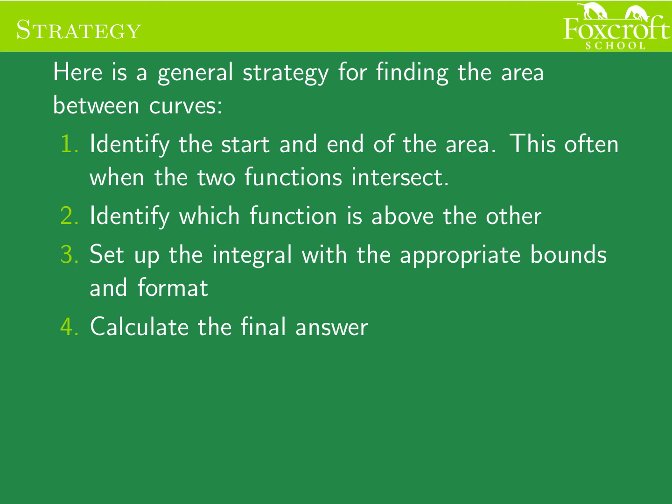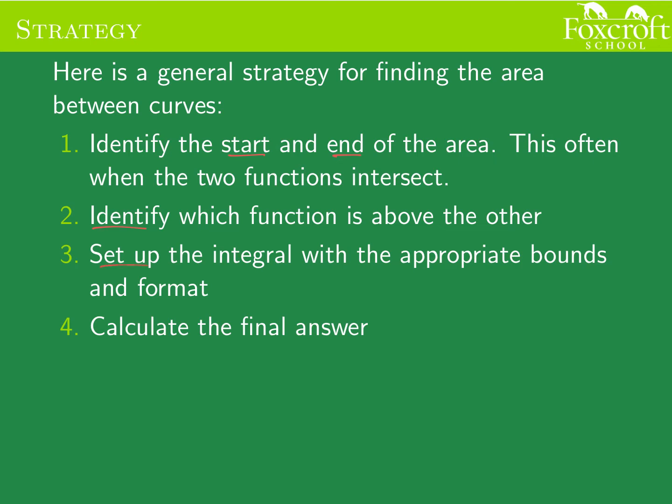Our general strategy for finding the area between curves: first, find the start and end of the area. It's basically always going to be when the 2 functions intersect each other, unless they tell you to use a specific ending point. Second, identify which function is above the other. If you have a picture or graph, you can just look at it, because the subtraction depends on whichever one's on top.